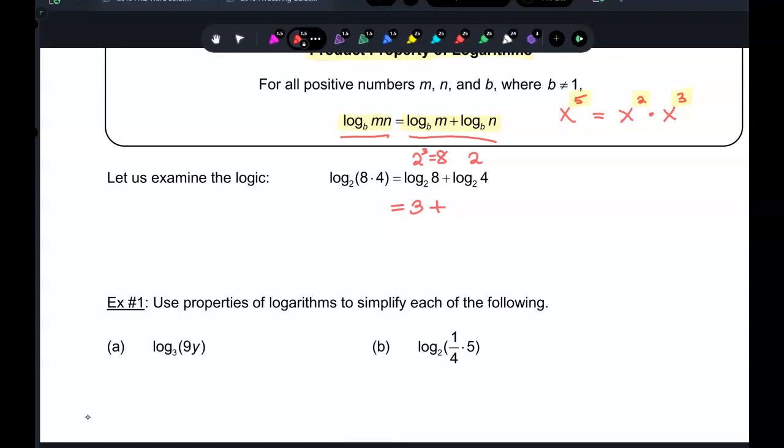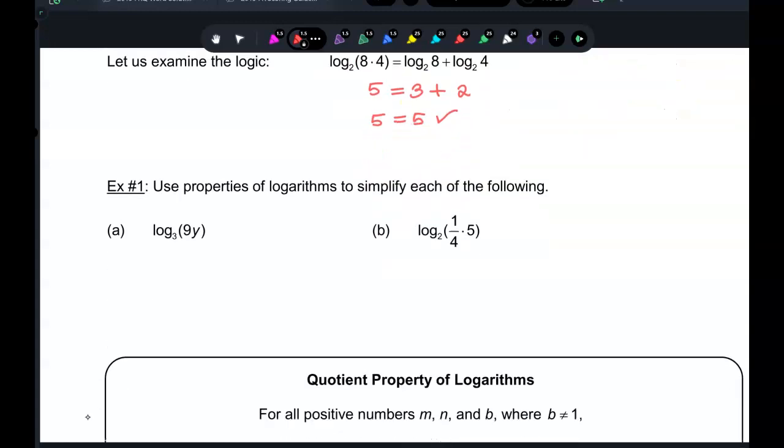Plus 2 to what power gives us 4? That would be 2. And here, this is 32. So 2 to what power gives us 32? 5. So we get 5 on both sides, and that is how this property works.